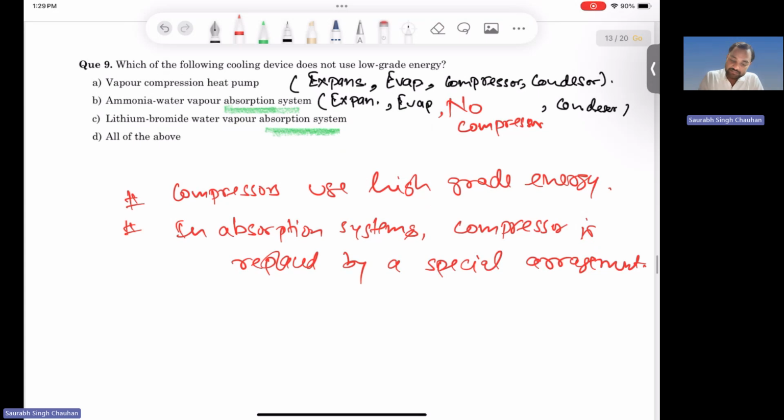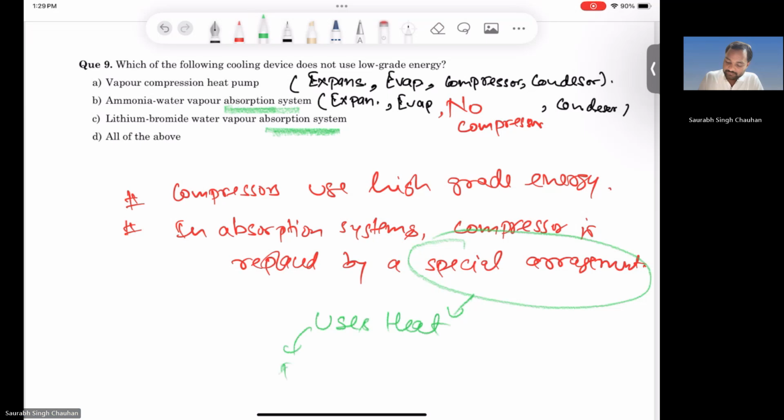This special arrangement uses heat, and heat is a low grade energy. So a vapor compression heat pump has a compressor, and that uses high grade energy. Absorption systems do not have compressors, and that's why they use low grade energy.